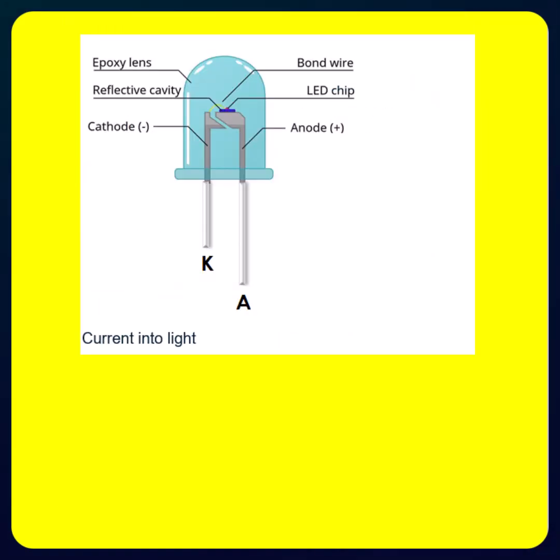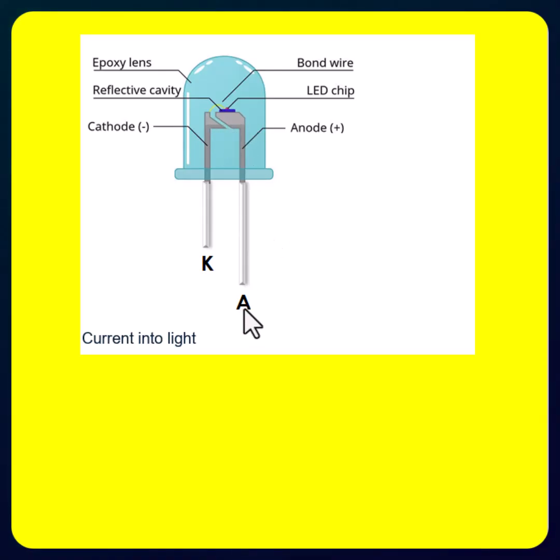So let me summarize the LED here. LED is nothing but an extrinsic semiconductor material. The p-type is doped with more number of holes, whereas the n-type material is doped with more electrons, and they are joined together, and the joining point is called the junction.